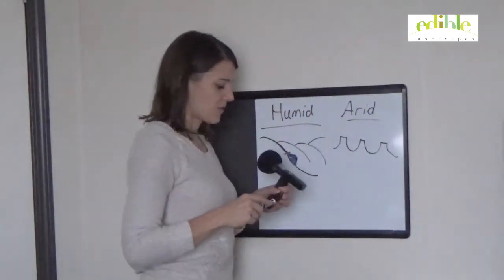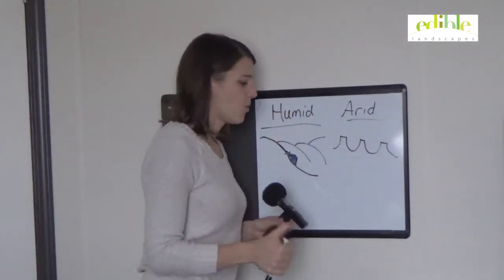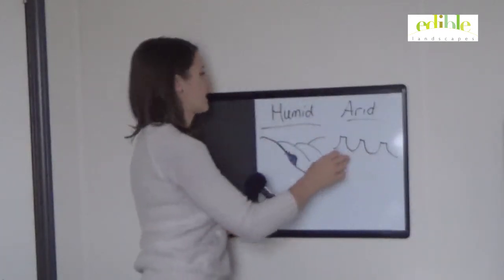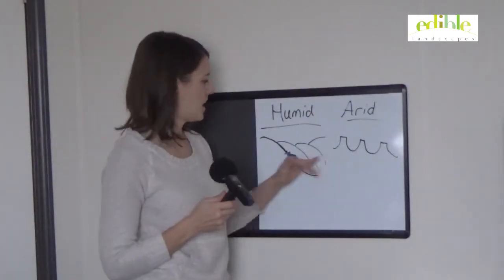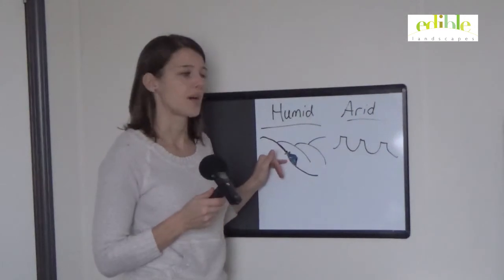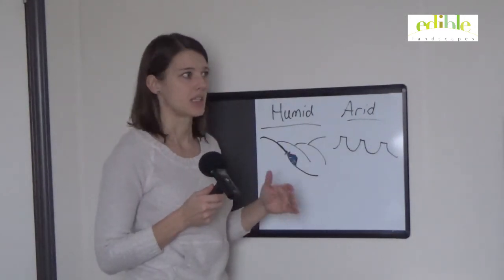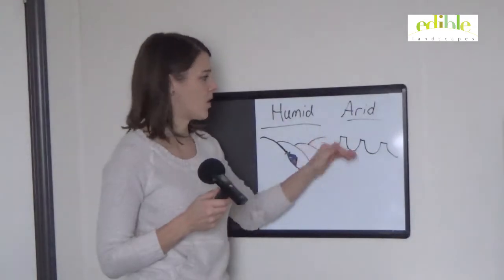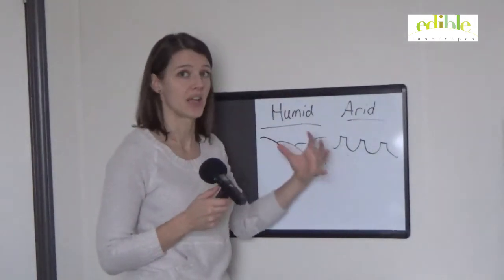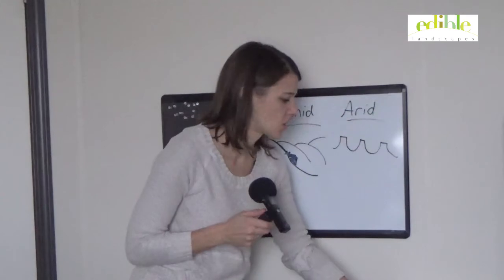So the major features of the arid landscape is that we don't want any open water in these areas. So you're not going to be putting in a pond, for example, in an arid landscape unless it is extremely shaded. You're going to want to try and soak a lot of that water in and hold it in with a lot of mulch.